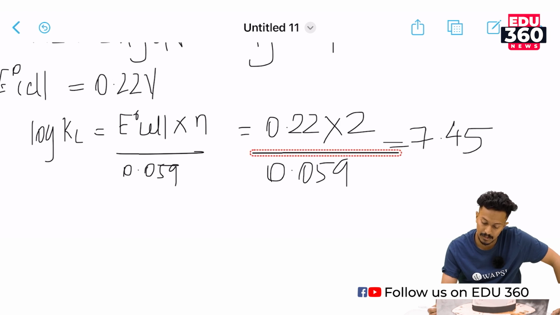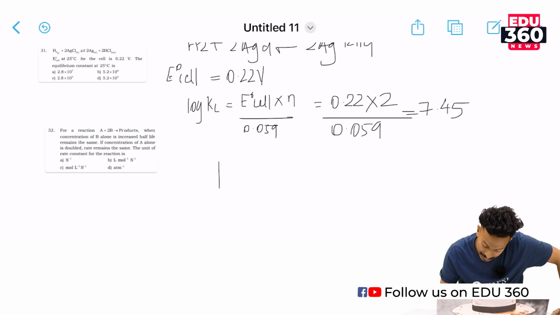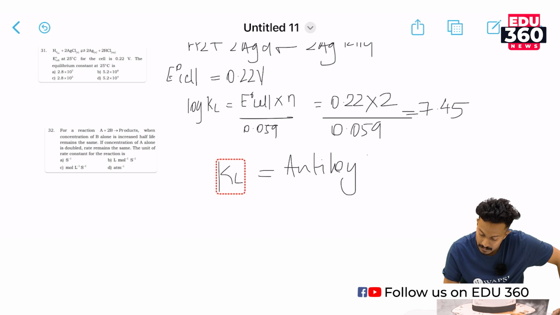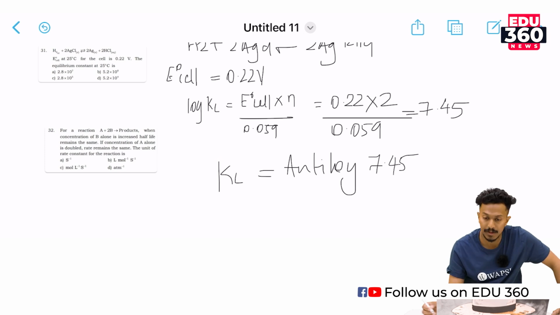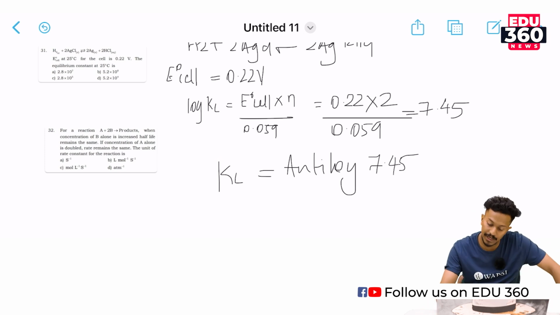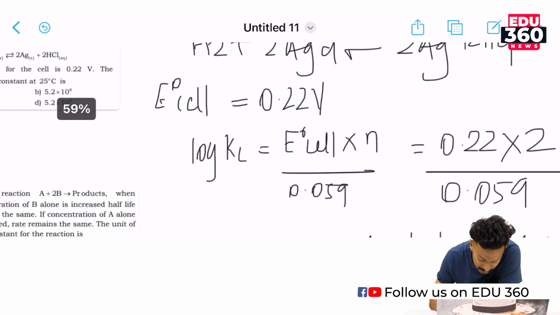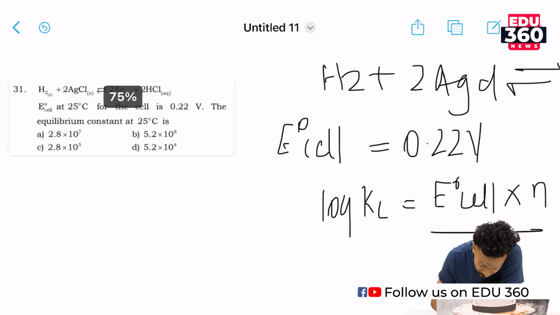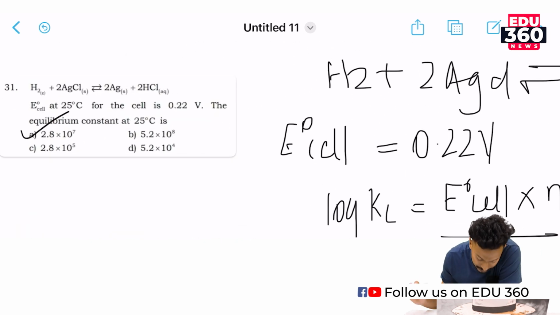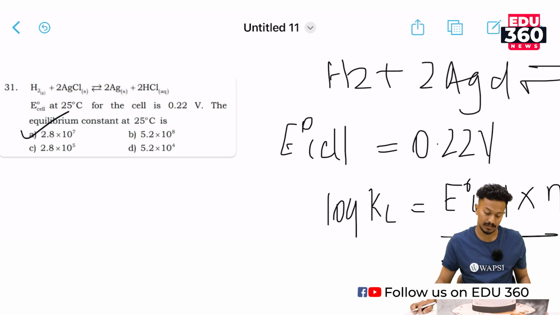So Kc is equal to the antilog of 7.45, which is almost equal to 2.8 into 10 raised to 7, which is option number A. Option A is the correct answer.